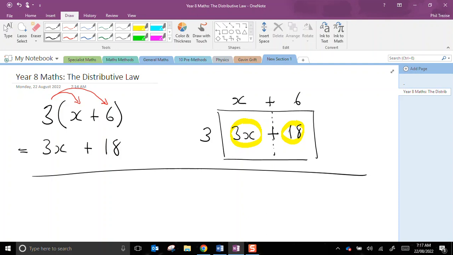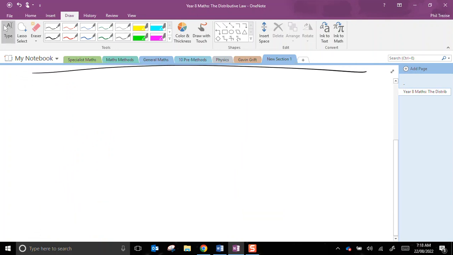Now that's a nice one. Let's try another one. Let's try 5 multiplied by x subtract 4. So again, I could think of this as 5 multiplied by the first part and then 5 multiplied by the second part.